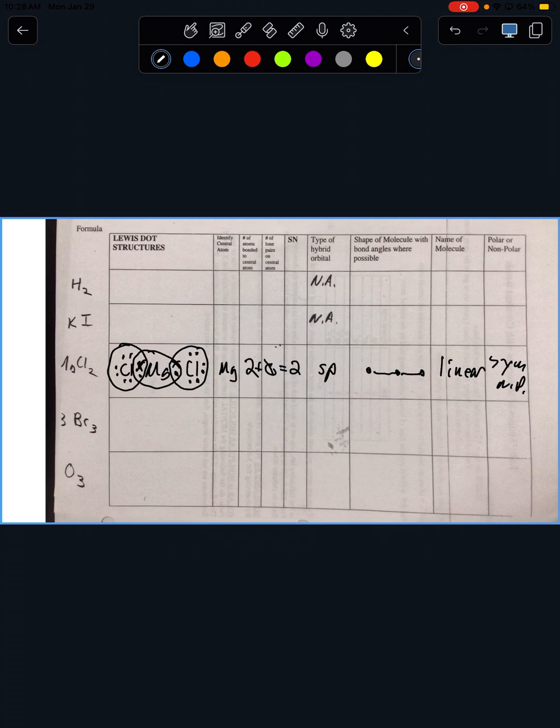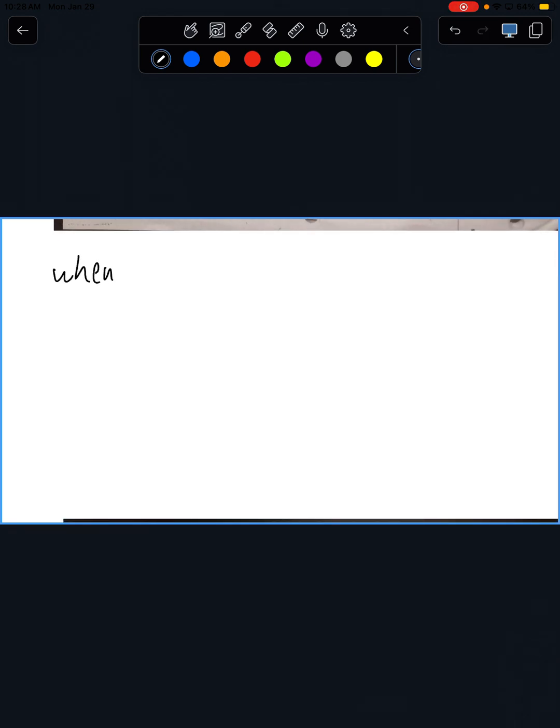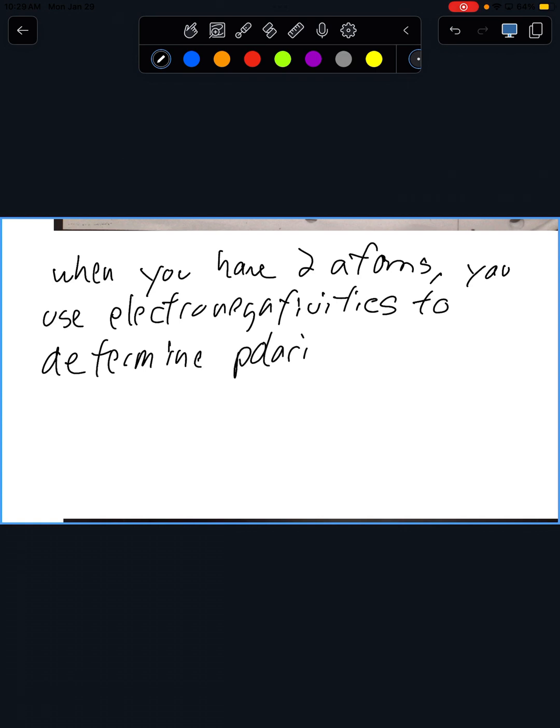You always use appendix F and G unless you only have 2 atoms. So it's a little bit different when you have 2 atoms. So that's why we're saving hydrogen and potassium iodide. So let's just put this in your notebook. When you have 2 atoms, you use electronegativities to determine polarity.